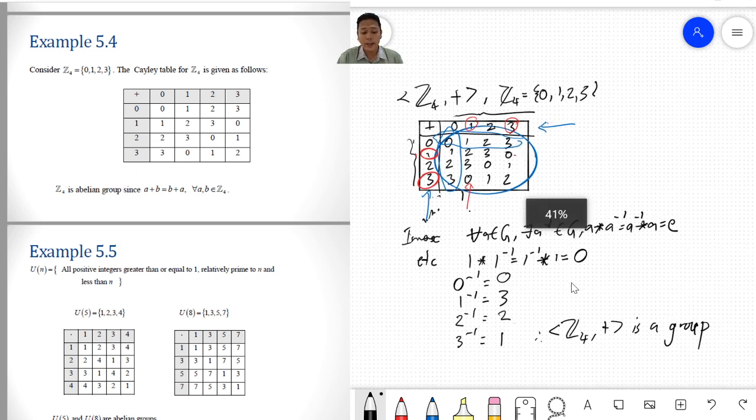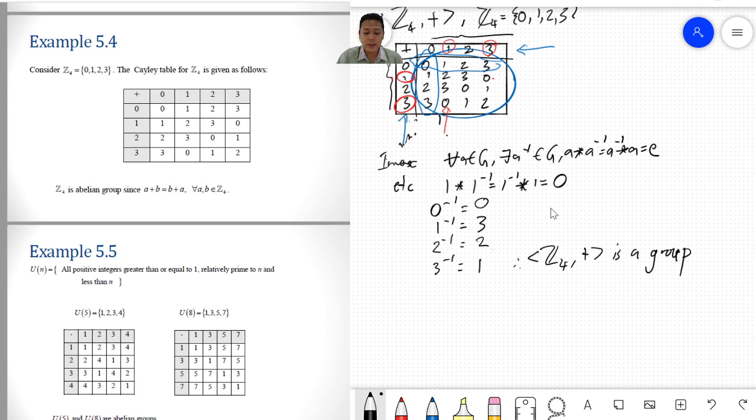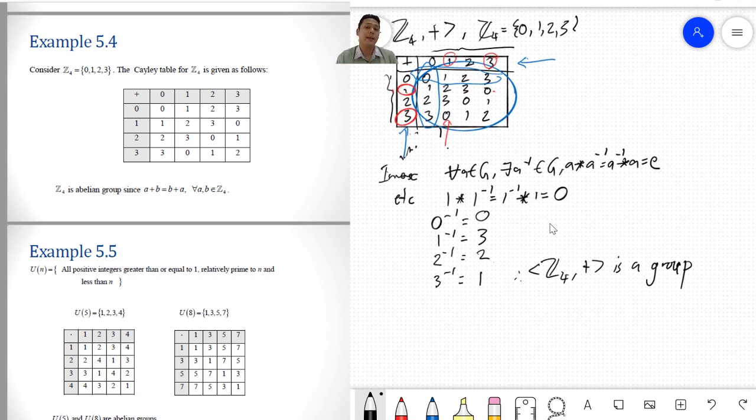Now, while we're at it, why don't we directly determine whether it is an abelian group or not? Abelian must satisfy commutative.